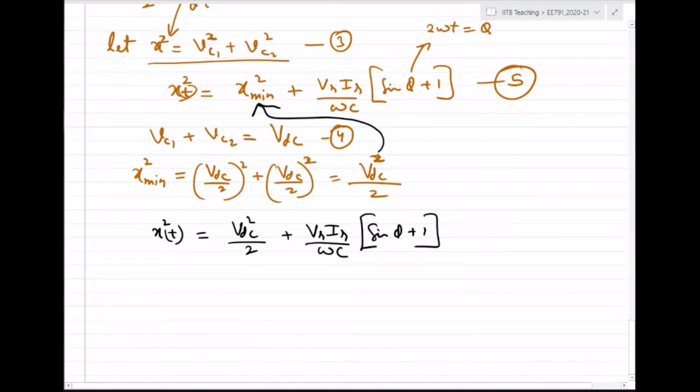I substituted to find the minimum value of C for effective utilization. I wanted the value of x to be minimum, and the minimum possible value of x square is VDC square by 2. So I substitute that minimum possible value, and I get this particular expression here.